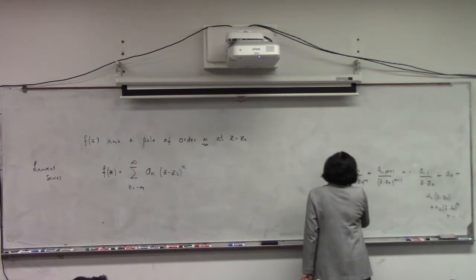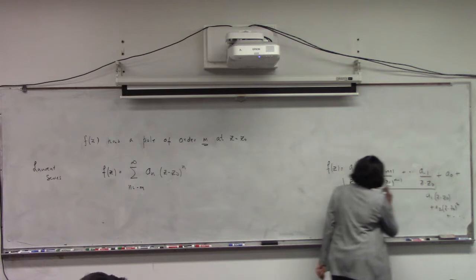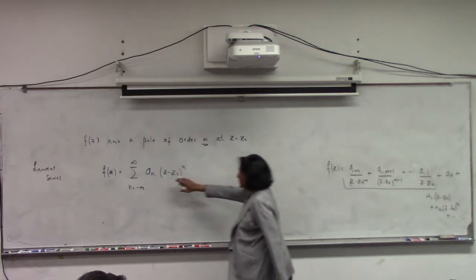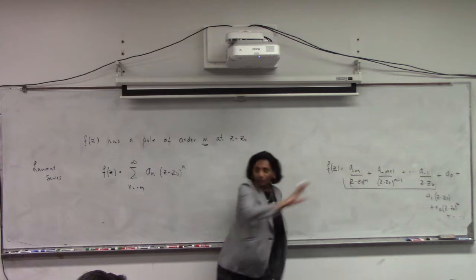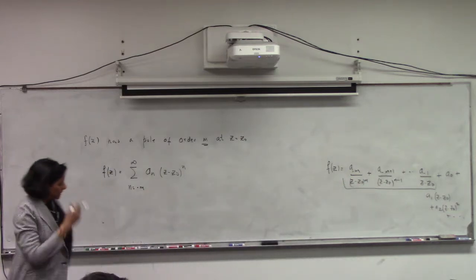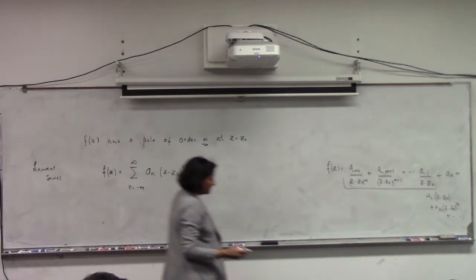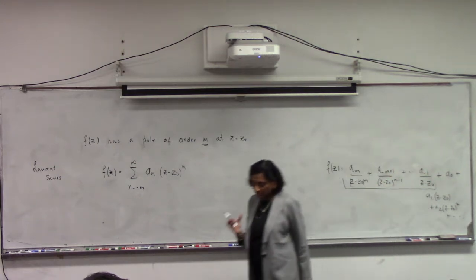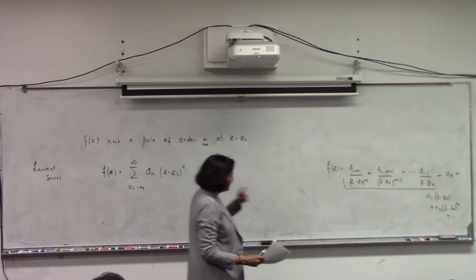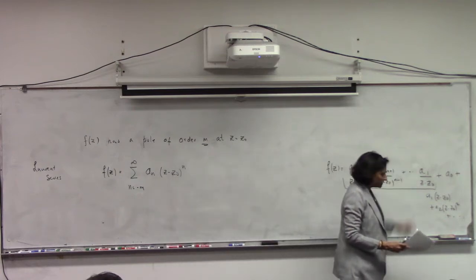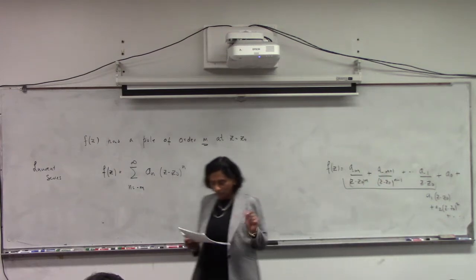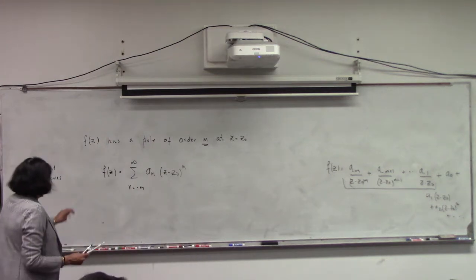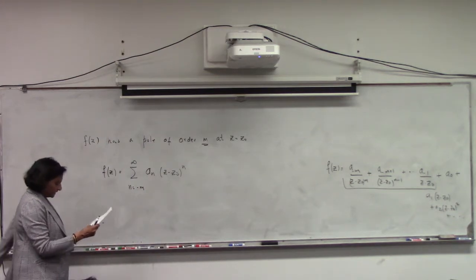So if a function has a pole of order n, this concise notation really is representing whatever I wrote. And a sub minus 1 is the residue of the function, and that's what comes in the Cauchy residue theorem. Last time we tried to calculate a by expanding and looking at the coefficient, but I'm going to give you a simple way of doing all these things. All right, so this we have done.